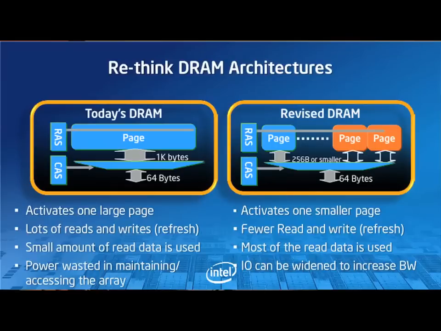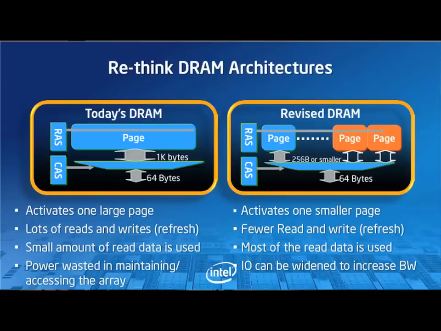So the other thing that we're looking at as part of the Fast Forward project funded by the DOE is looking at DRAM architecture and changing DRAM radically from a single page across a wide section of the DRAM to multiple pages that allow us to do lots of refresh, do fewer refreshes.